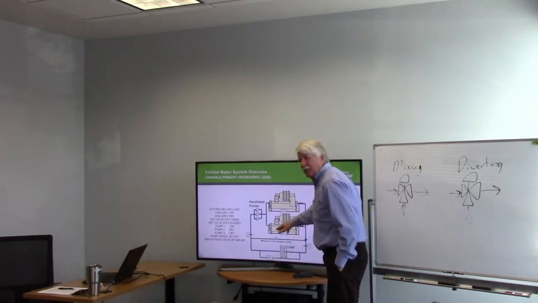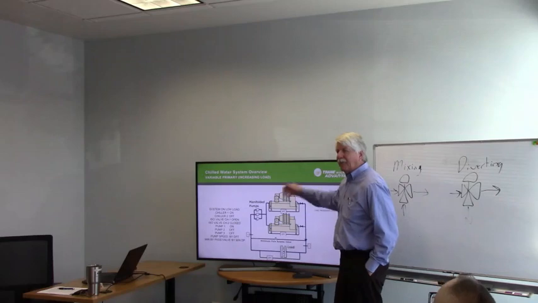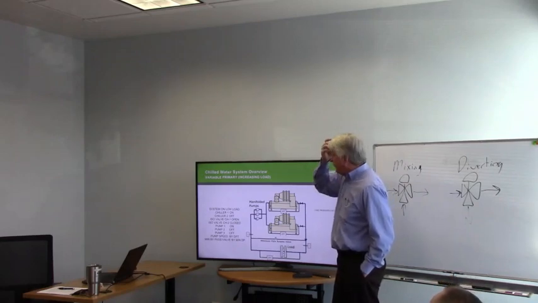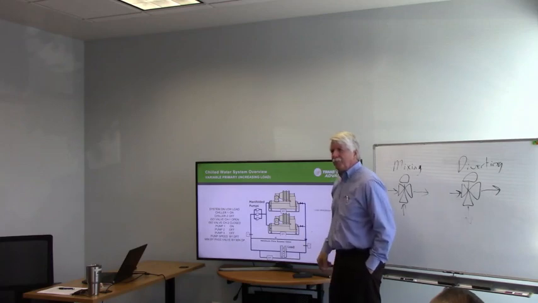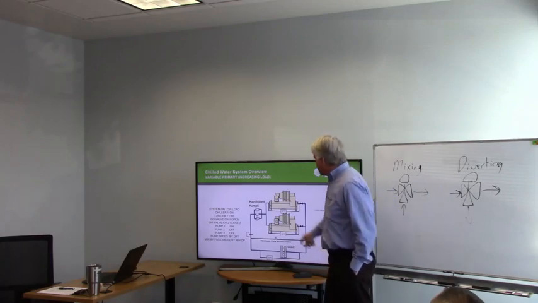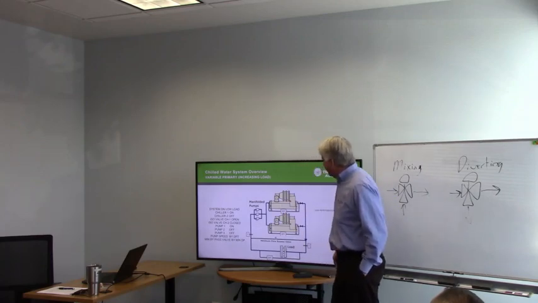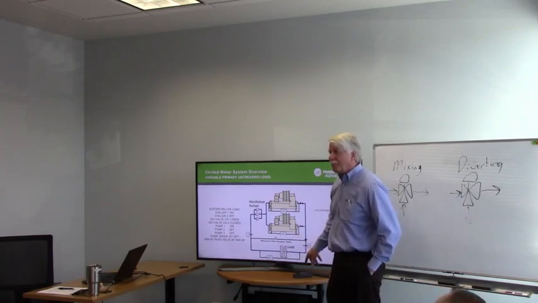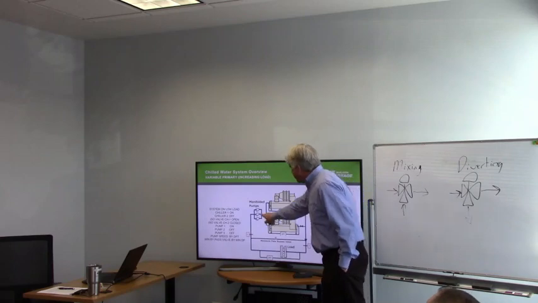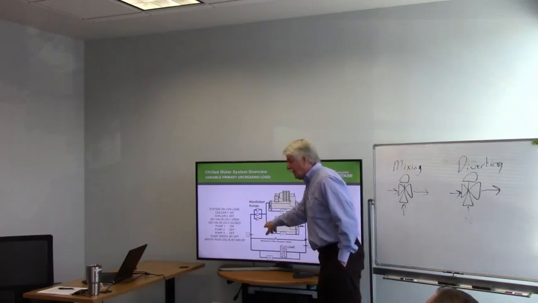These are 1,000-ton chillers. They have a minimum flow of 600 GPM on them, okay? This guy's running at 800 GPM. For some reason, somebody decides to turn on a chiller. This pump is moving 800 GPM right now.